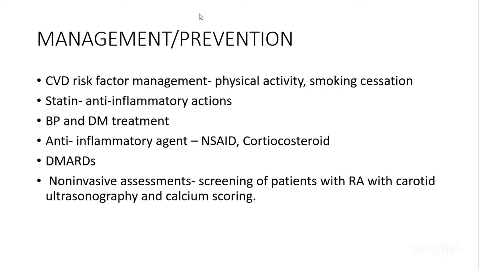Some people have done this, but it has not been accepted as a conventional screening. So it is not recommended that screening should be done. Calcium screening, CT angiography, Doppler ultrasound of the carotid has not been conventionally approved as a widespread screening method for this group of patients.